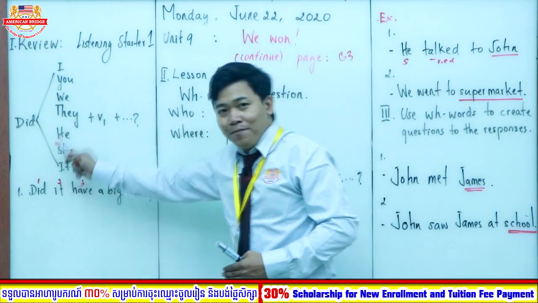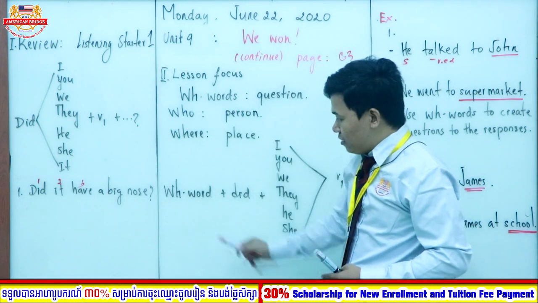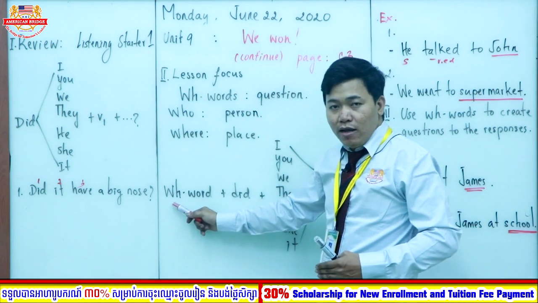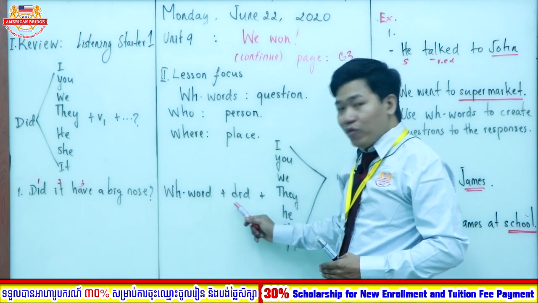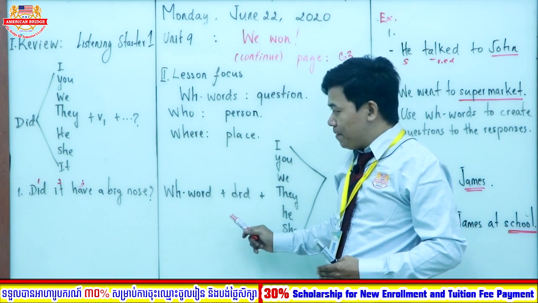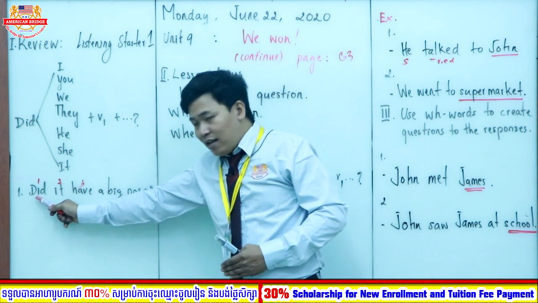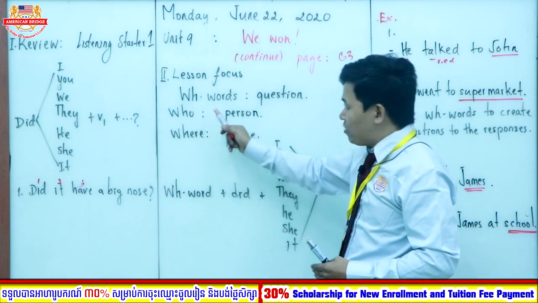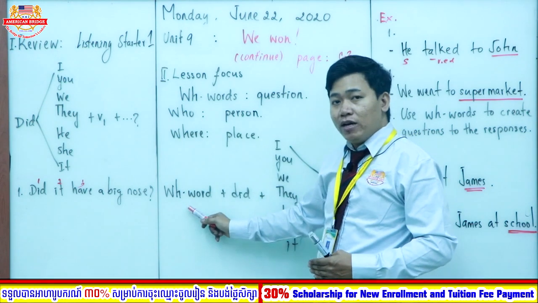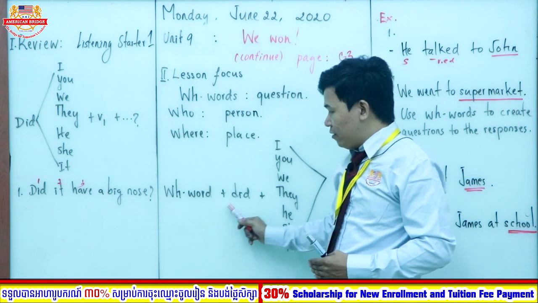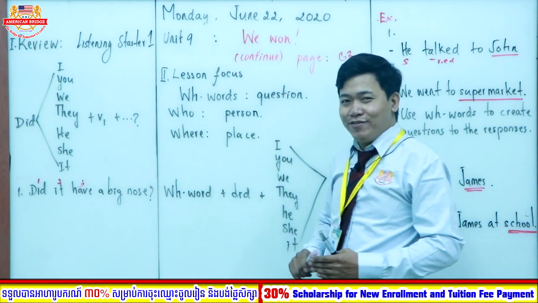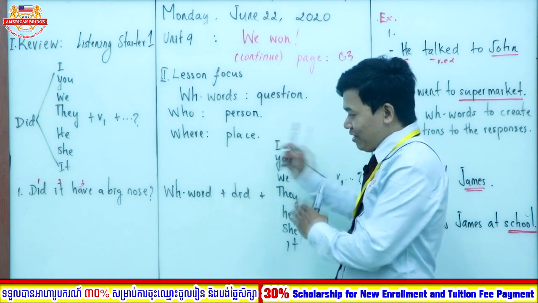The same. But something extra is we put the WH word at the beginning of the sentence. It means we put it in front of the word did, right? So when we use a WH word, the WH word stays in front of did. You understand, everyone? Just a little bit different.